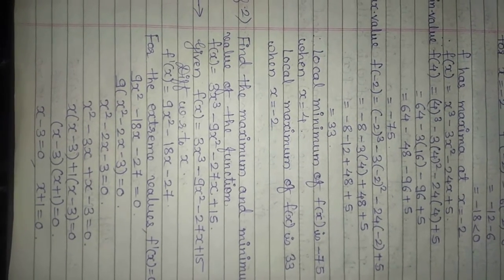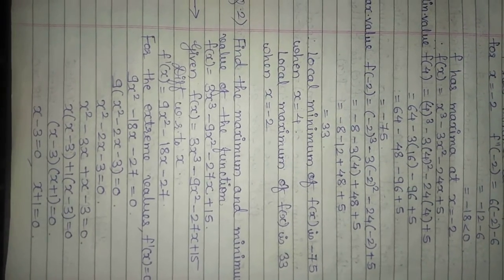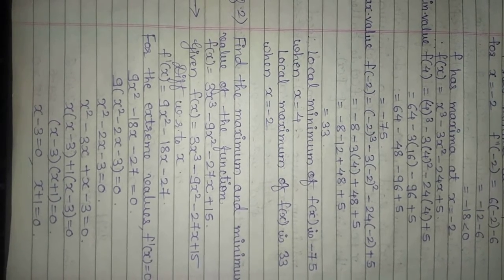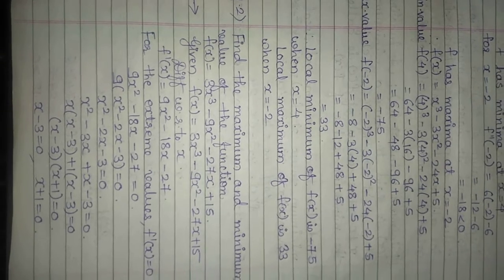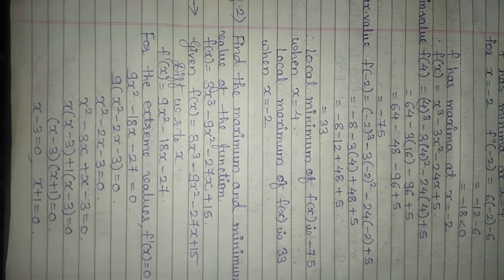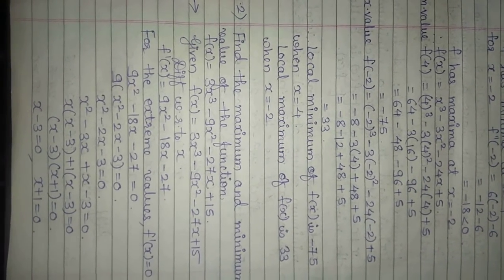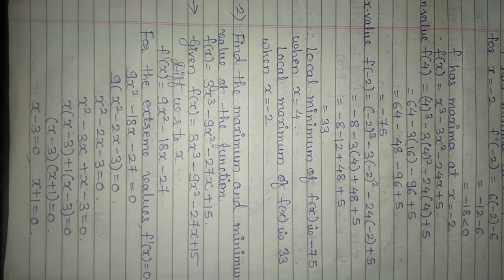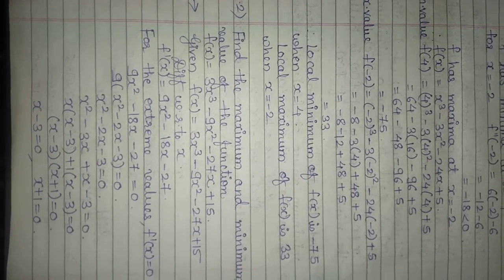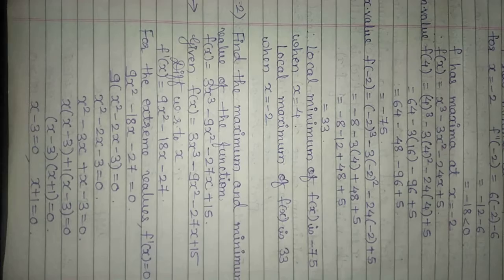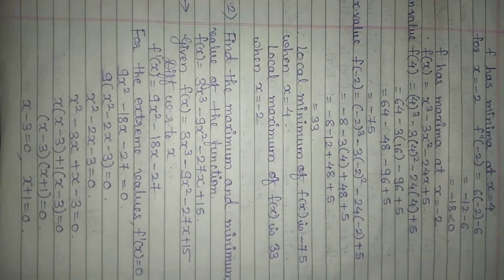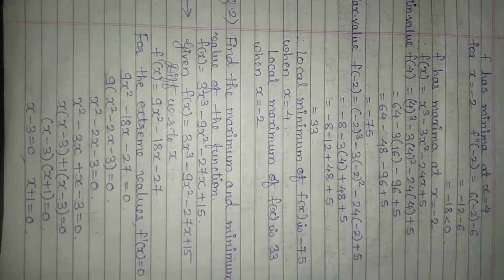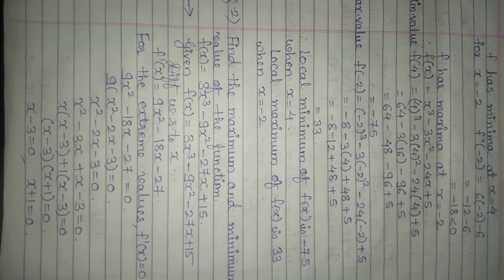And in that f double dash of x, one by one we will substitute the values of x to find at which value of x the function attains the minima or maxima, and then that values of x we will substitute in the original function to get the corresponding maximum and minimum values.